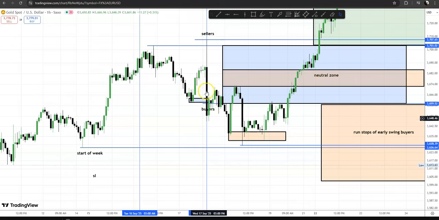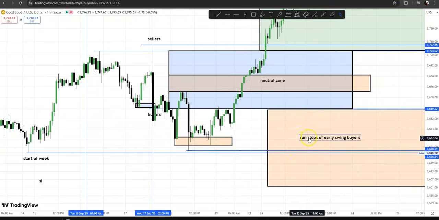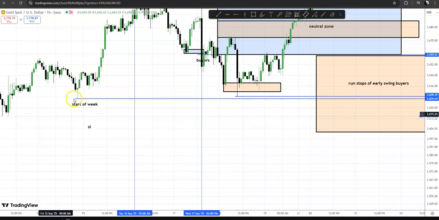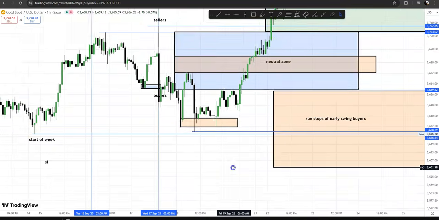Now, this happened so quickly because, as you can see from this box, it ran the stops of early swing buyers. Who are those early swing buyers? The guys that got in over here at the start of the week, right? Many of them got in, sadly, on their buys up here, but they got neutralized on this move.